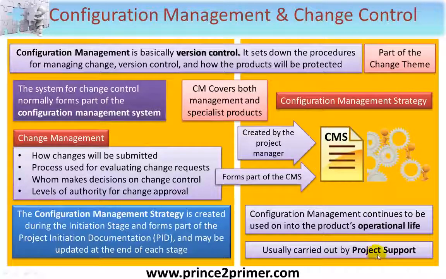Remember, once the products are in their operational life, they'll need to be supported, they may have changes requested during their operational life, or they may be upgraded. In other words, configuration management is used from the very start or birth of a product right up until it is no longer needed by the organisation.